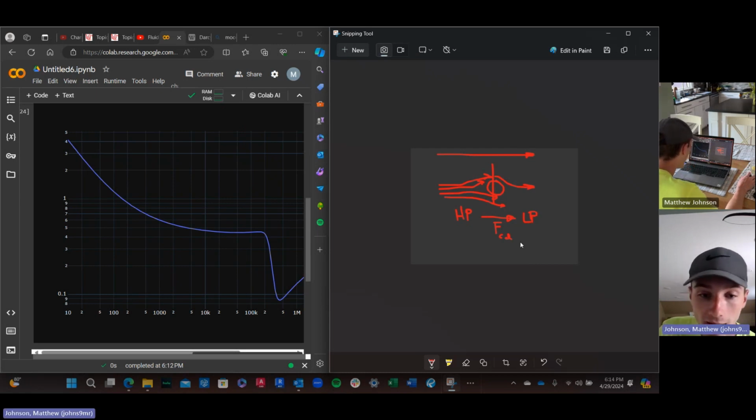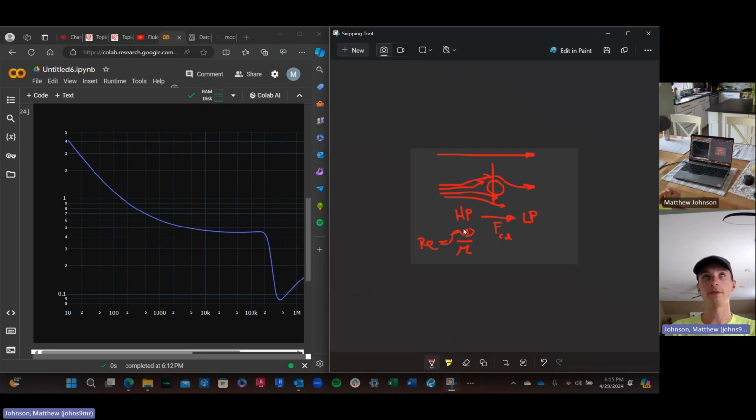Okay, so why is it that we get an extreme drop in this drag force when we get a Reynolds number high enough? Well, we know that the Reynolds number, Re, is equal to rho V D over mu.